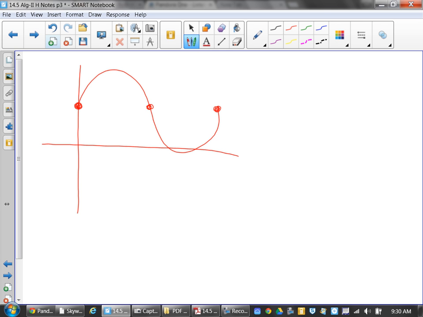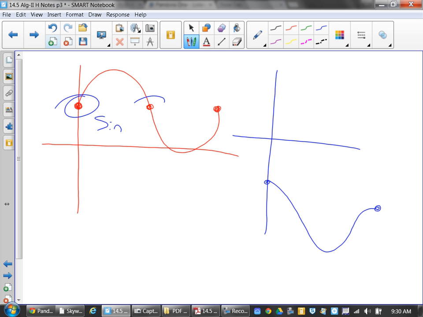Whereas if it's a cosine graph that's shifted, it's only going to have the same y value twice. That's the dead giveaway. Sine will have 3 of the same y values. Cosine has 2.